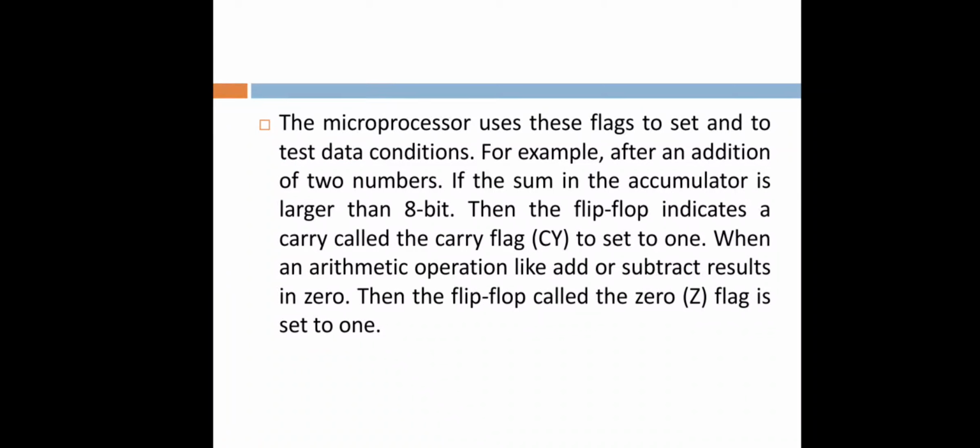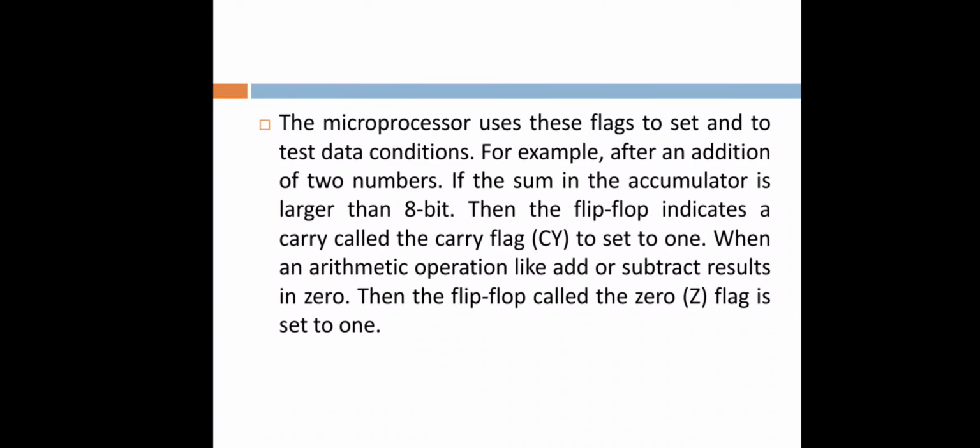For example, after the addition of two numbers, if the sum in the accumulator is larger than 8 bits, then the carry flag is set. And when an arithmetical operation like addition or subtraction gives a result of 0, then the zero flag is set.